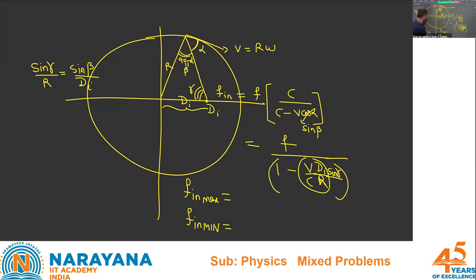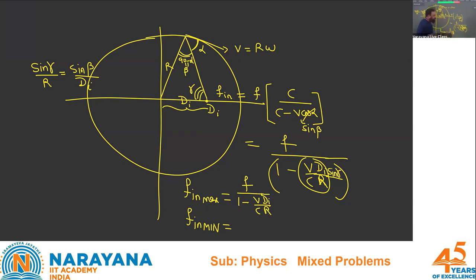So the max is coming out when the sine gamma term is equal to 1. Right? That is when it is perpendicular to this radial line, that is that position. Is that clear? So it becomes f upon 1 minus v by c times di upon r.